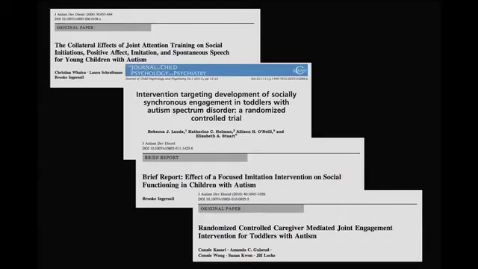But I want to leave you with the notion that all of this research in the past 15 years has actually been important for informing, in part, the development of treatment and interventions.